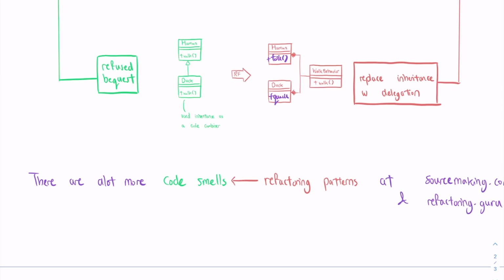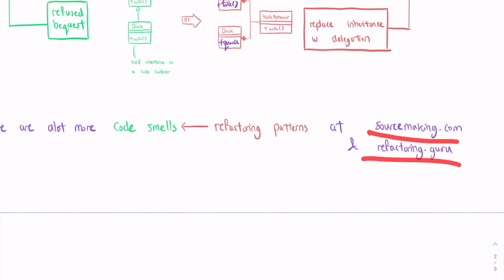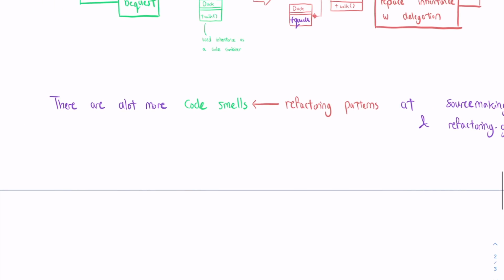All right, so these are all examples that you can find from many popular websites. You can find a lot more code smells from websites like SourceMaking or Refactoring.guru. Just like how design patterns help you figure out the right code structures before you code, refactoring patterns actually help you figure out the right code structures post implementation. So after you code, that's why it's the maintenance phase.